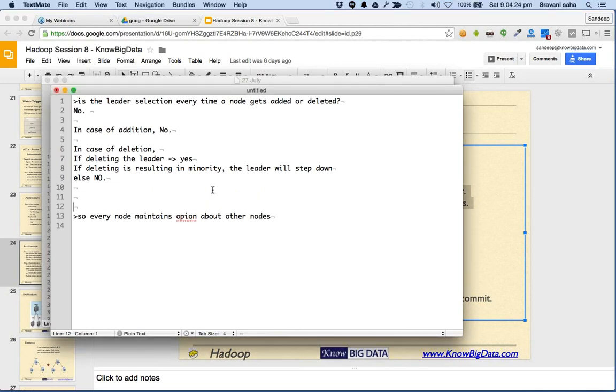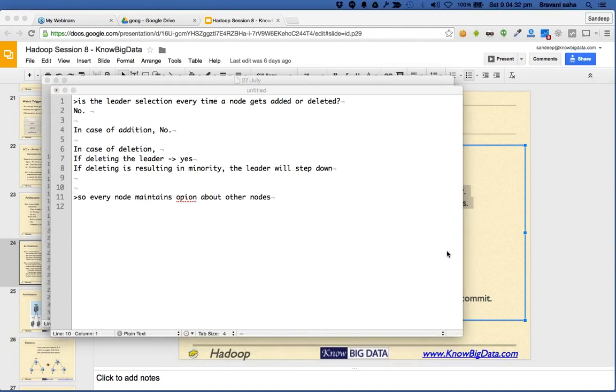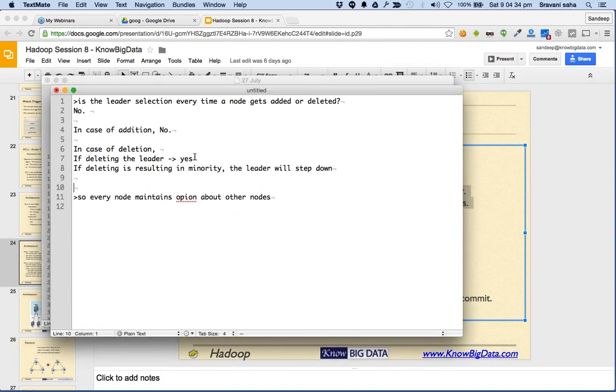Now, continuing with otherwise, what will happen is else. So in case we are deleting a leader itself, then somebody else will become the leader based on the new election. So elections will be announced if the leader is dead, or we are deleting the leader.